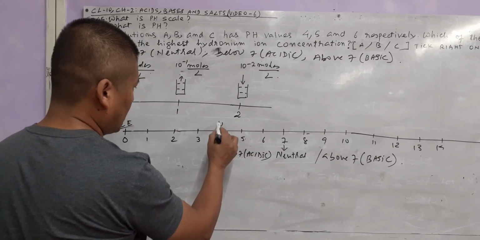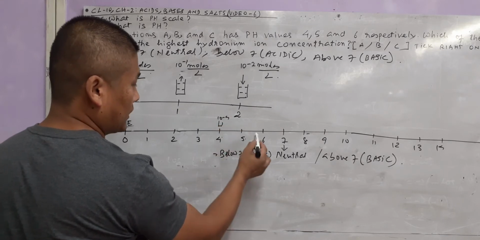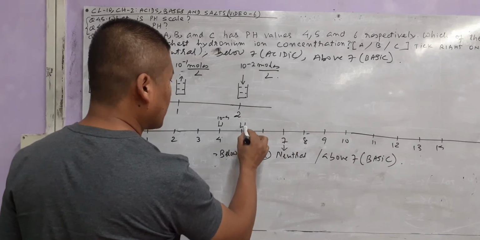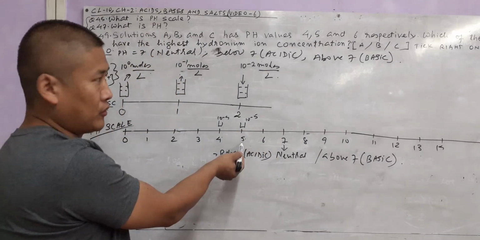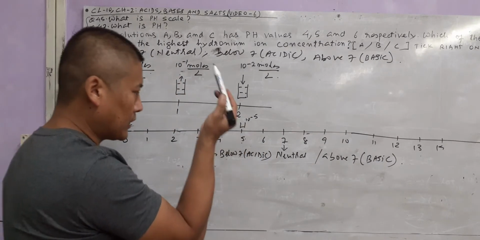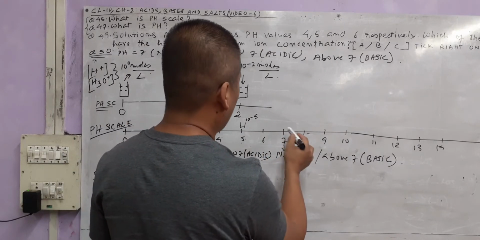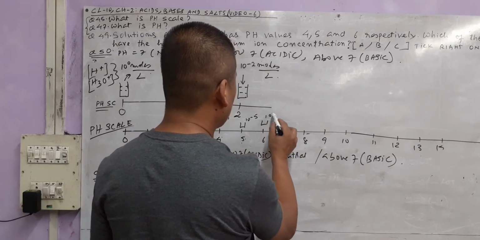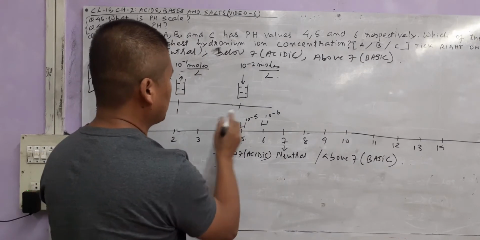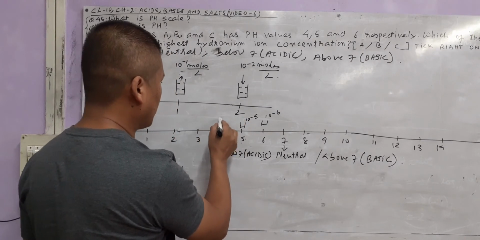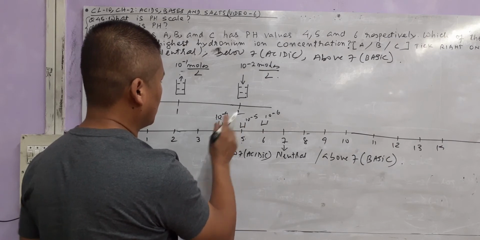So there will be a cup here, 10 to the power minus 4 moles per liter. 5 here, 10 to the power minus 5 moles per liter. Before it was converted to 5, you know the actual concentration would be 10 to the power minus 5 moles per liter. And here another cup, 10 to the power minus 6 moles per liter. So here we have a situation like that, 10 to the power minus 4.